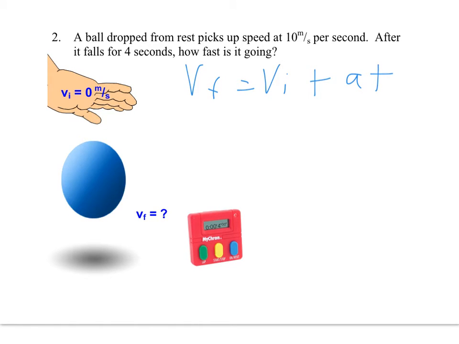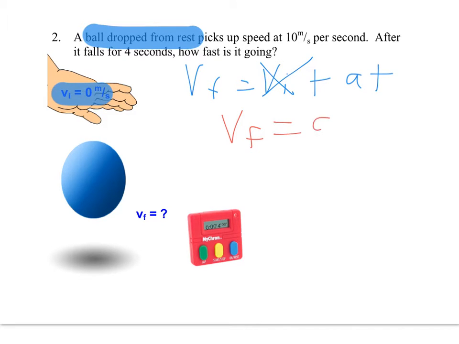They tell us the initial velocity is 0, since the ball is dropped from rest. So that initial velocity drops out, and this becomes the simplified freefall equation we learned in class: instantaneous velocity equals acceleration times time. This is our symbolic equation.